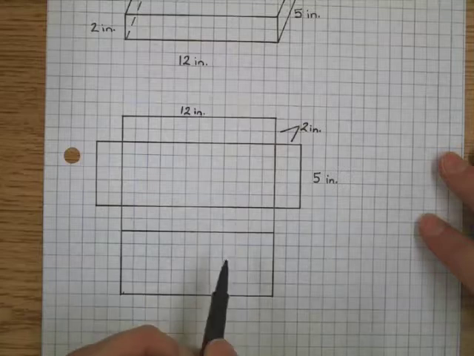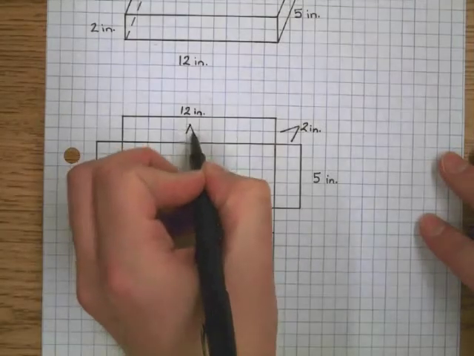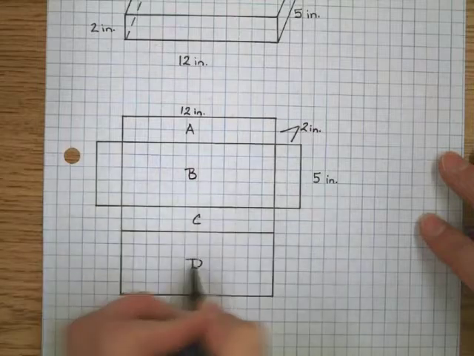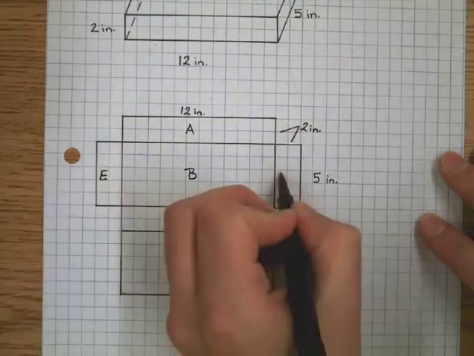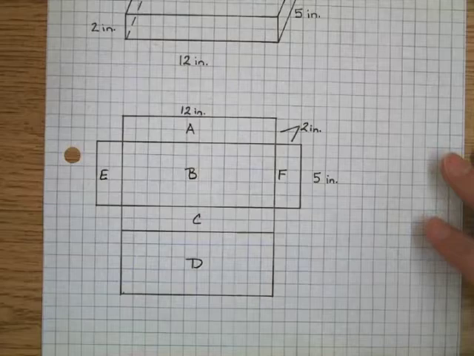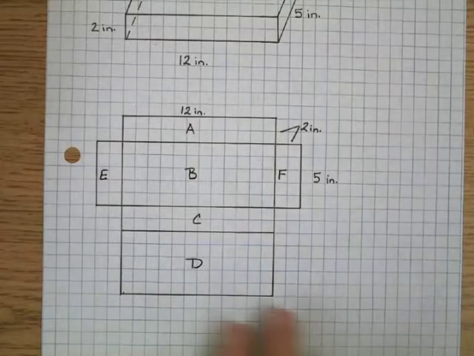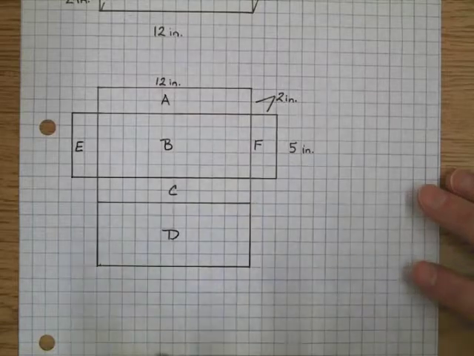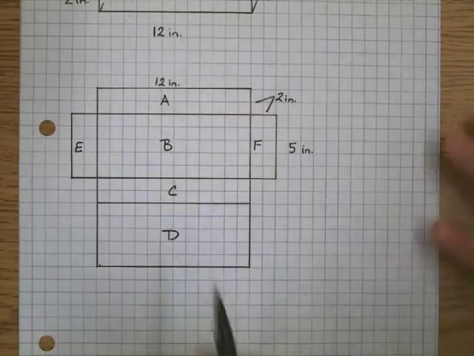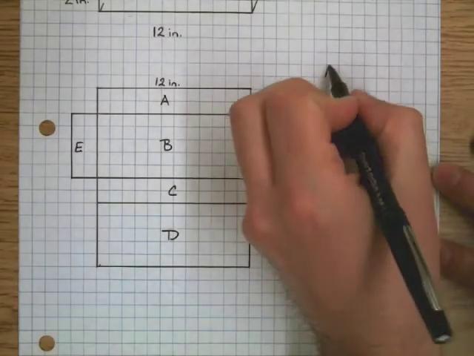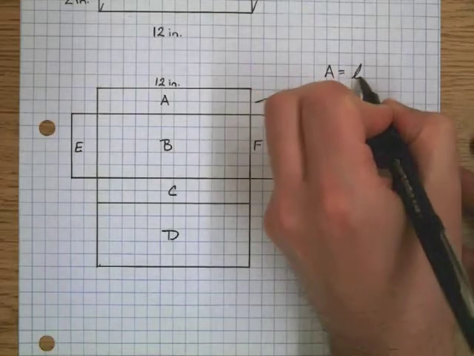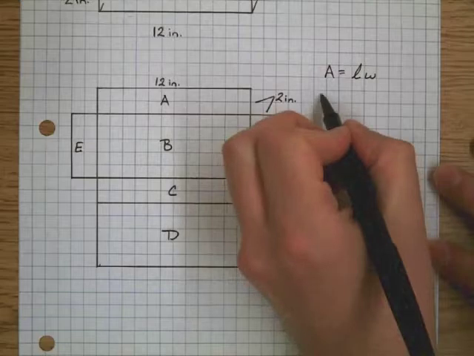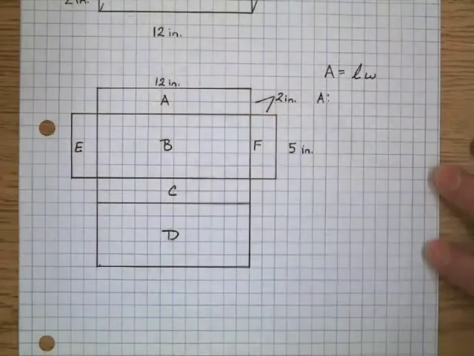We have a bunch of different rectangles here, so I'm going to label these A, B, C, D, E, and F. So we have 6 different rectangles, and we can find the area of each. We know that the area of a rectangle is equal to length times width. So let's go through and find these.